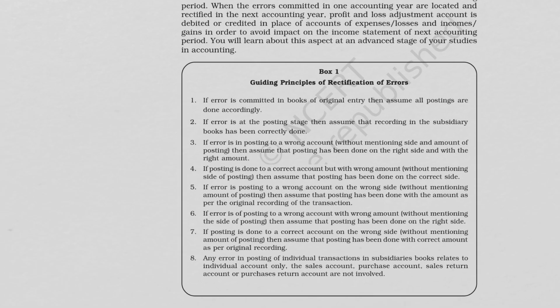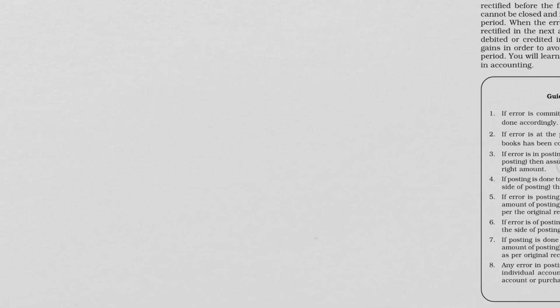Let's see an example here. For example, if the sales of rupees 5,000 is wrongly recorded as rupees 500 in the sales book, the ledger posting will also be rupees 500. So while rectifying we'll assume that the ledger reflects the same incorrect amount.